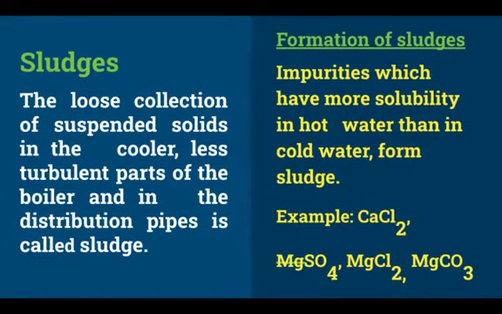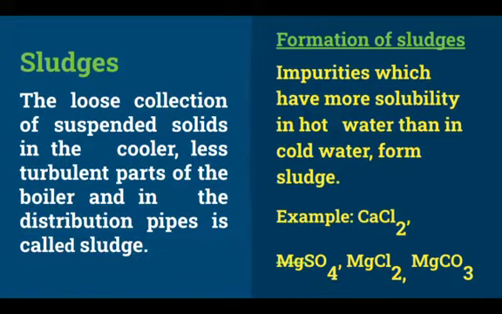Sludges are the loose collection of suspended solids in the cooler, less turbulent parts of the boiler, and in the distribution pipes. That is called sludge. So it is a soft, slimy deposit that is formed inside the boiler.